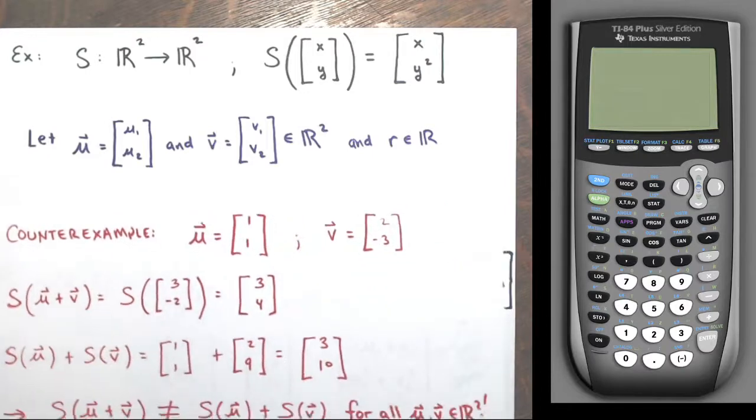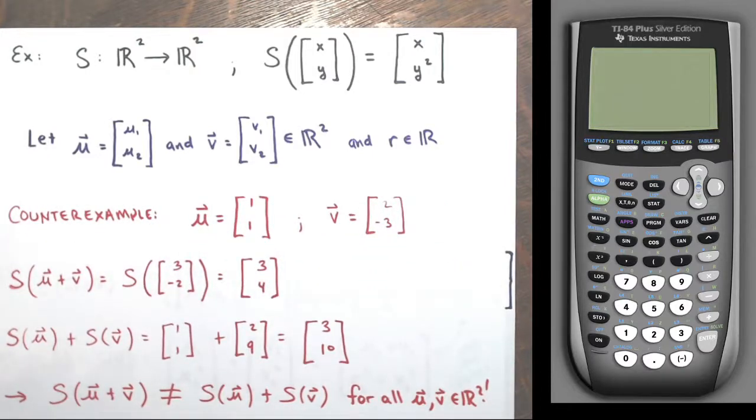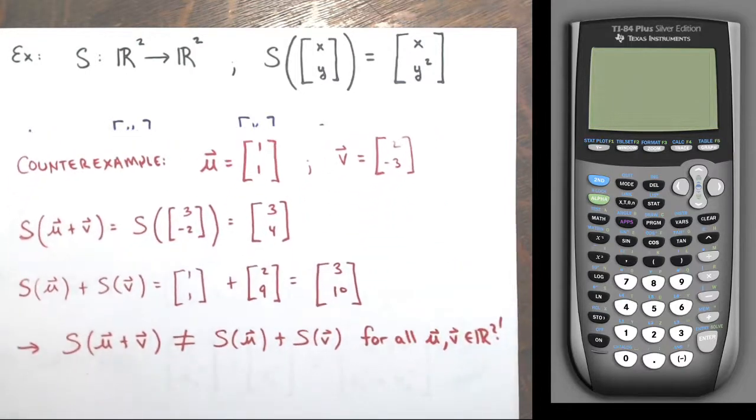But it has to be true, remember, for all the vectors from the domain. So this tells me yet again that S is not a linear transformation. All right, so I've given you a couple examples here where we have something that's not a linear transformation.